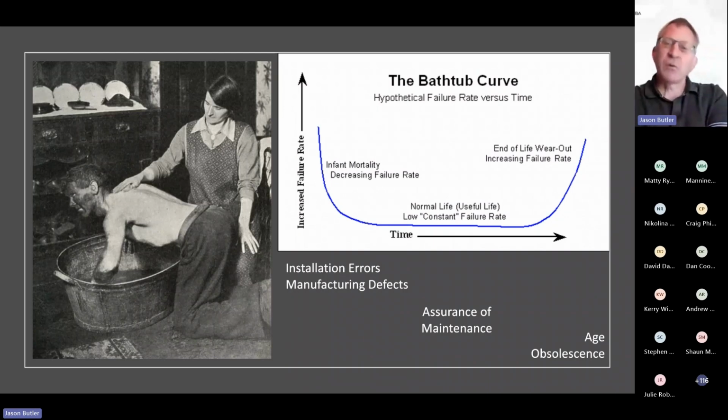But as you get towards the end of life, you're going to start getting age obsolescence. You're going to start getting equipment wear out. And it's not just about the fact that you're trying to monitor the failure or the potential failure. It's also the consequence of failure. The equipment you're monitoring is not readily available.